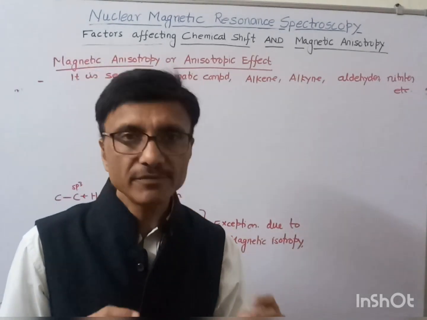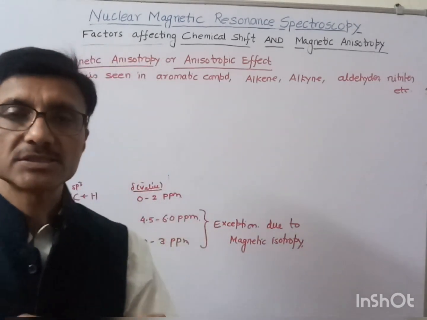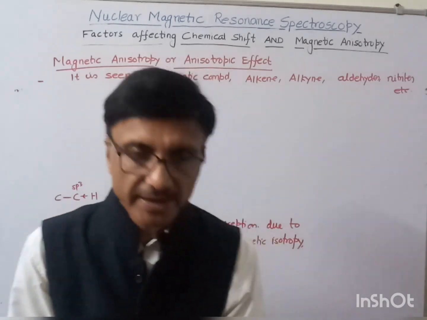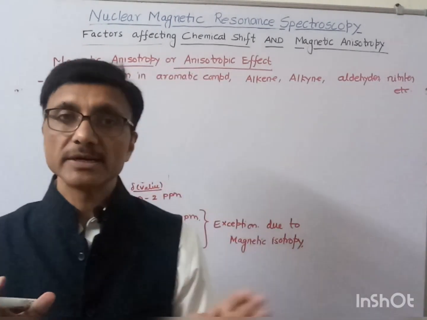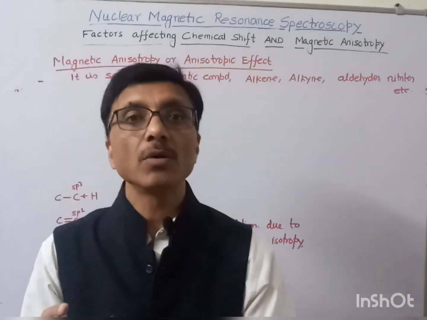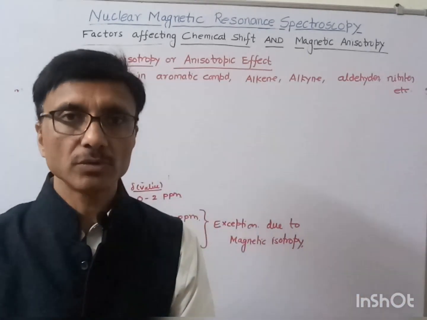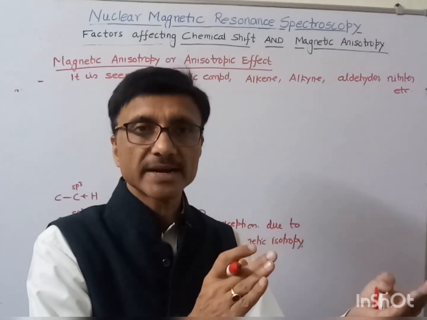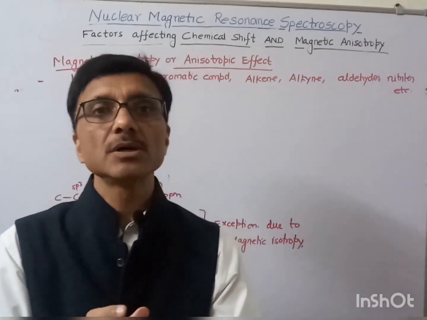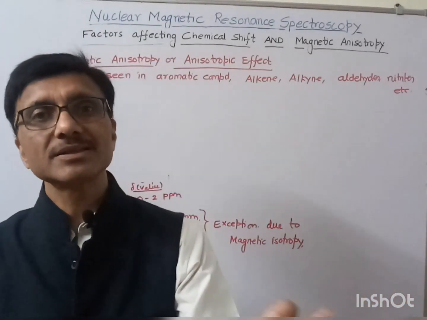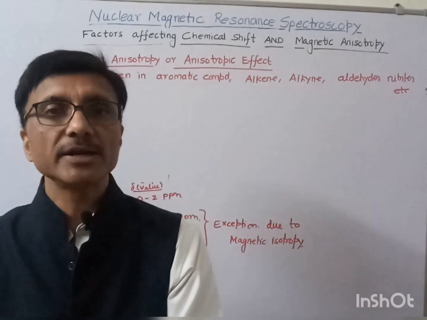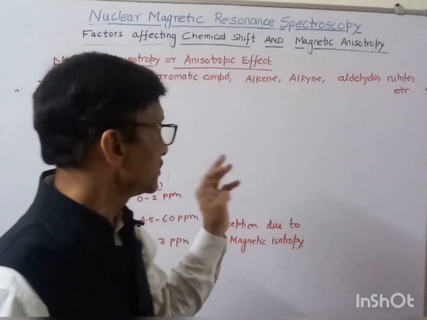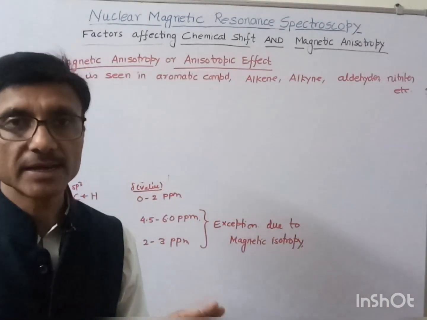The circulating electrons produce a secondary magnetic field, and this secondary magnetic field is sometimes not uniform all over the molecule. In some places it may be parallel to the external magnetic field, and in other places it may be opposite to the magnetic field. This is called the anisotropic effect.